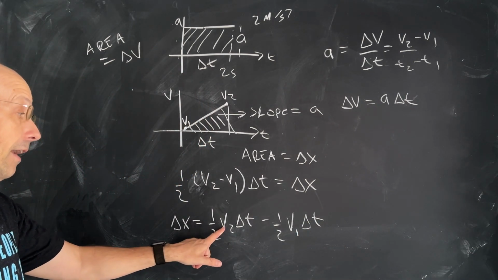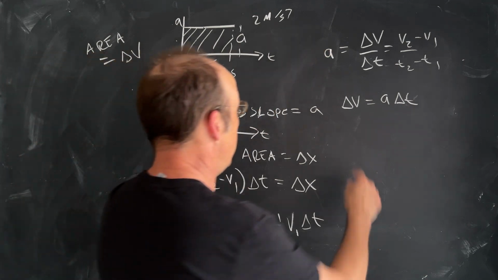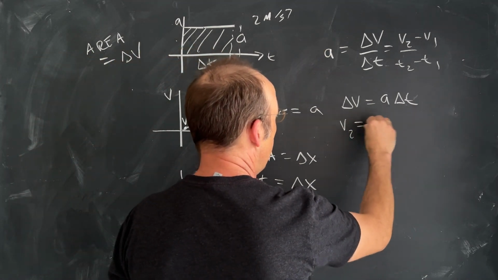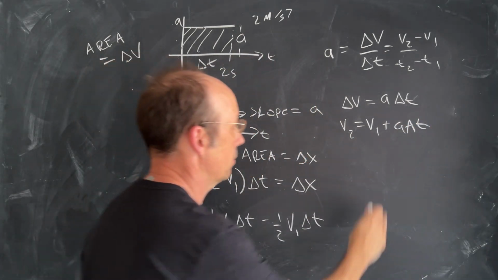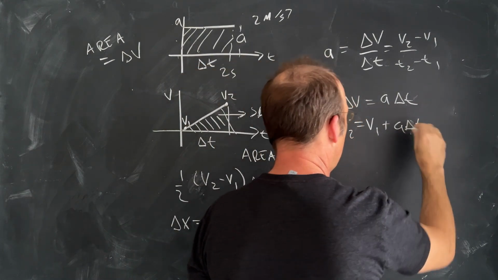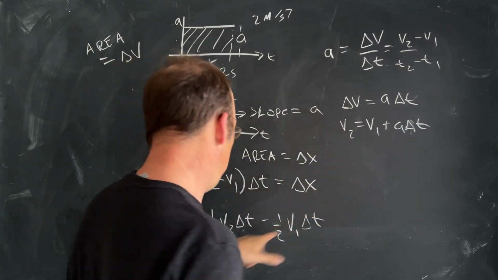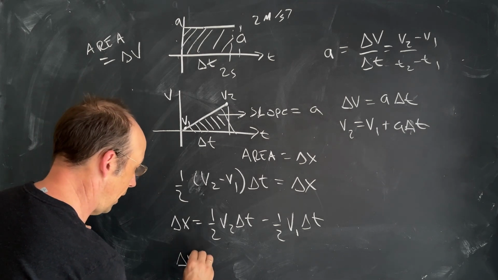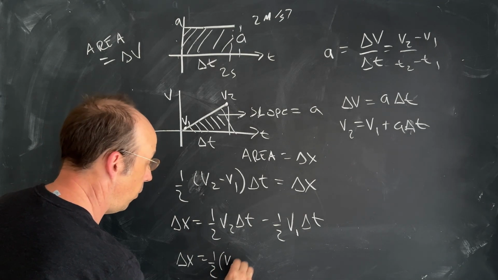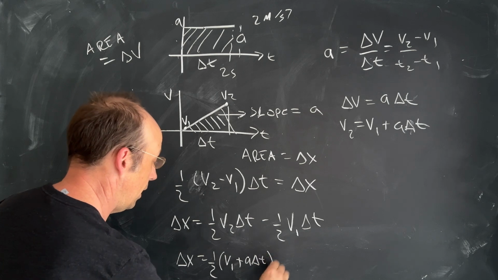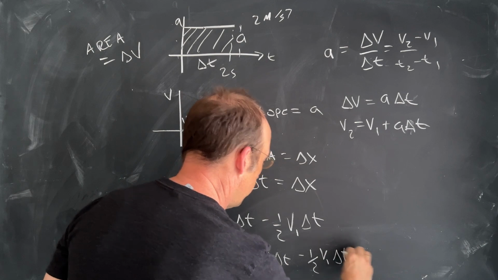And then if I find the final velocity from the acceleration up here, I can say v2 equals v1 plus a delta t. I'm thinking ahead. So this is v2 minus v1, add v1 to both sides to get that. Now if I put that in down here, I get delta x is 1/2 times v1 plus a delta t, times delta t, minus 1/2 v1 delta t.